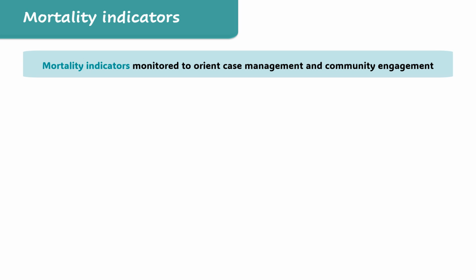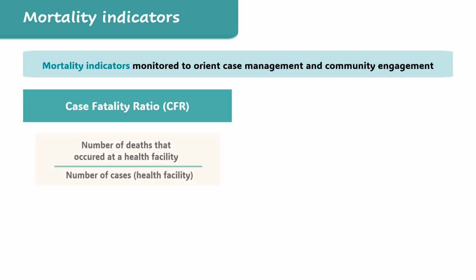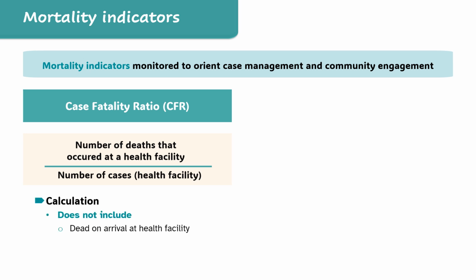Two mortality indicators are closely monitored: the case fatality ratio, or CFR. It is calculated as the number of cholera deaths that occurred at the health facility over the number of cases reported by health facility-based surveillance. Cases that were dead on arrival at a health facility are not included in the calculation of the CFR.